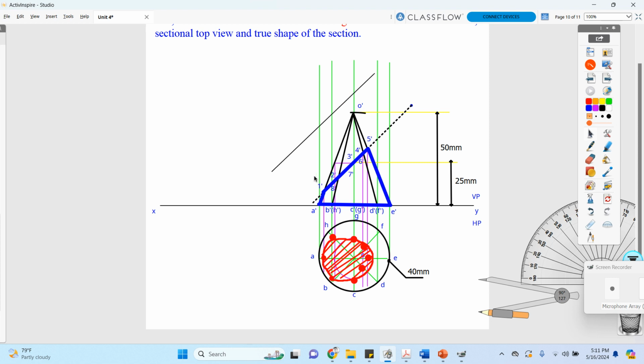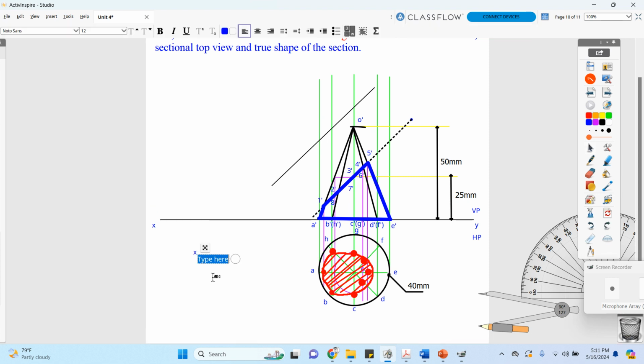Okay, now we are going to represent this as x1, this is your x1 and this is your y1. Okay, you can keep it over here.